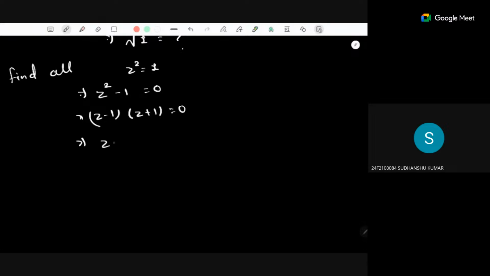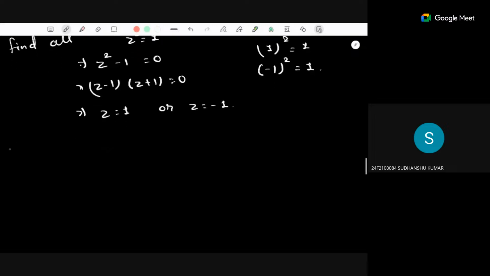So z could be 1 or z could be minus 1. There are two numbers whose square gives 1 back: 1 square is 1, and minus 1 the whole square is again 1. So for n equals 2, the answer is very simple: 1 and minus 1 are the square roots of unity.